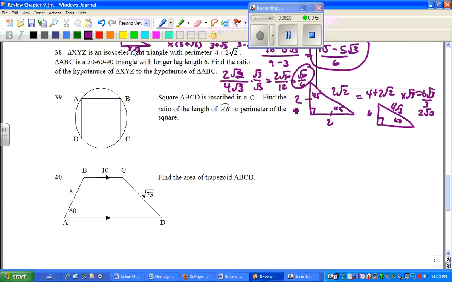Number 39. A square is inscribed in a circle. Find the ratio of arc AB to the perimeter of the square. AB is right here, and because of the two radii, this is a 90-degree angle.